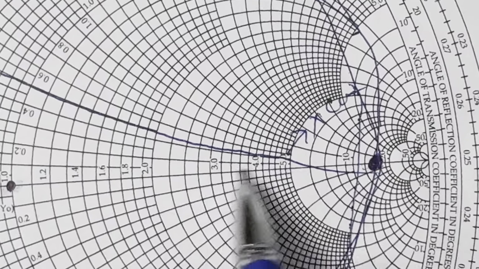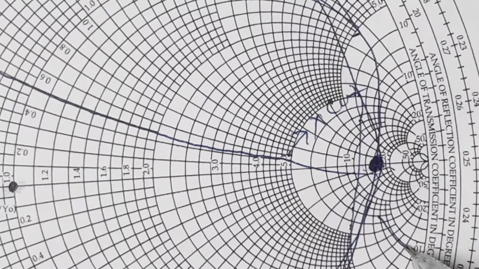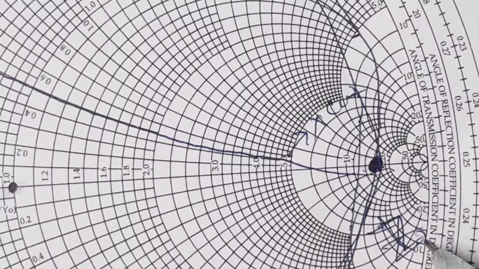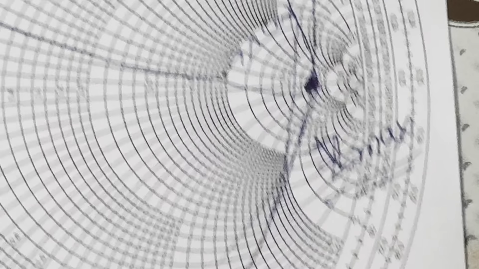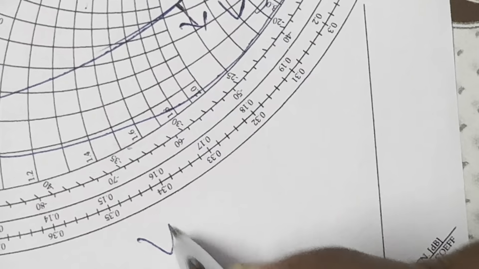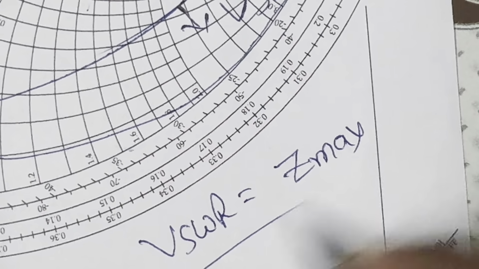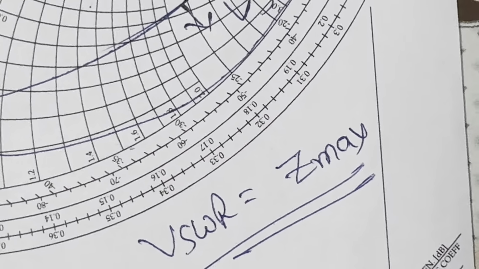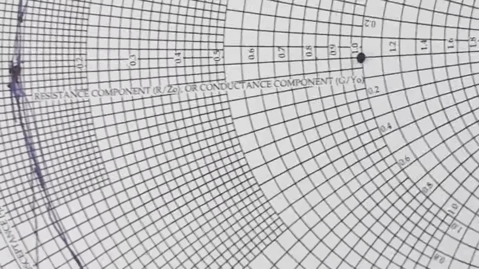This center line is here, and where the VSWR circle meets the center line, that is Z maximum. We can also write VSWR equal to Z maximum, the same value.